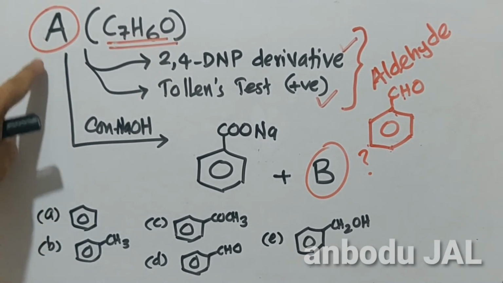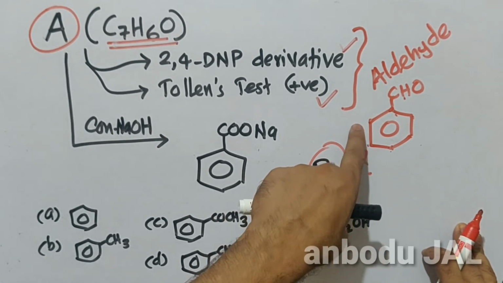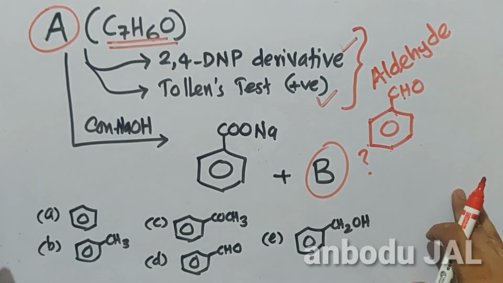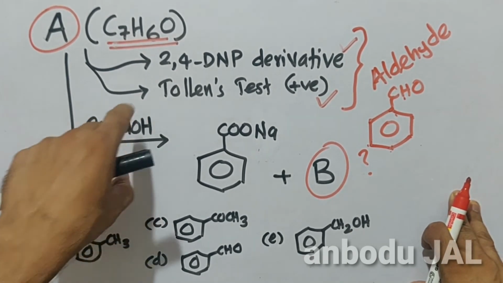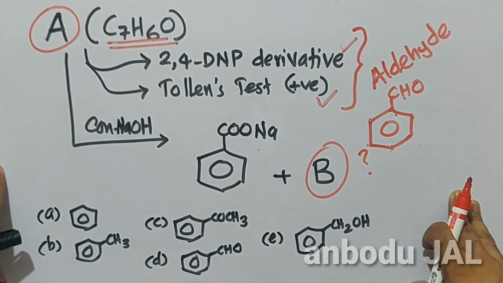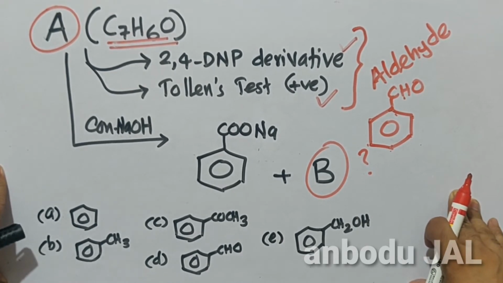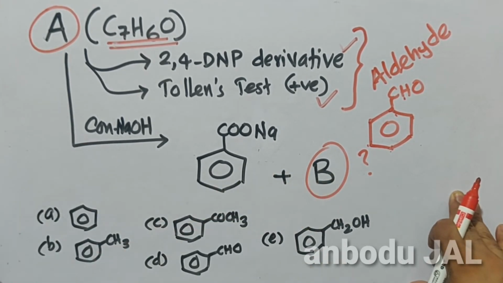You know this reaction: an aldehyde which does not contain an alpha hydrogen, when treated with concentrated sodium hydroxide, undergoes a disproportionation reaction. That is, the Cannizzaro reaction takes place. So this is the Cannizzaro reaction.